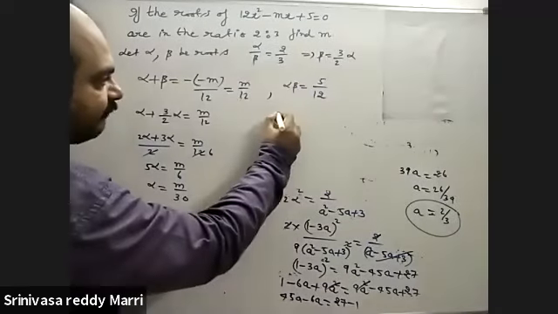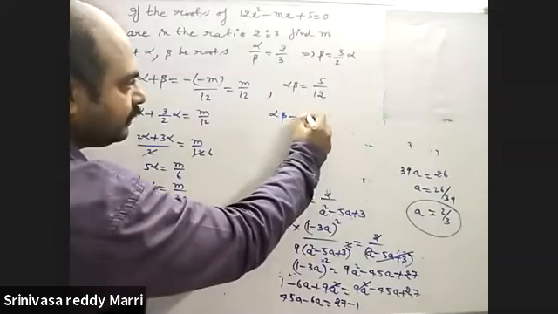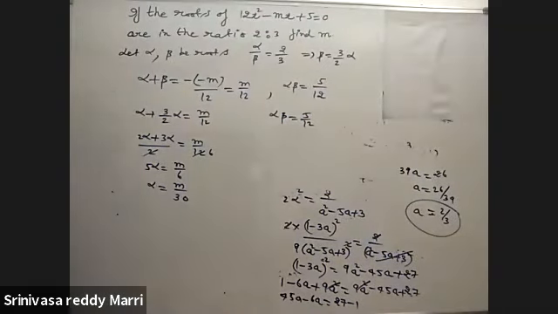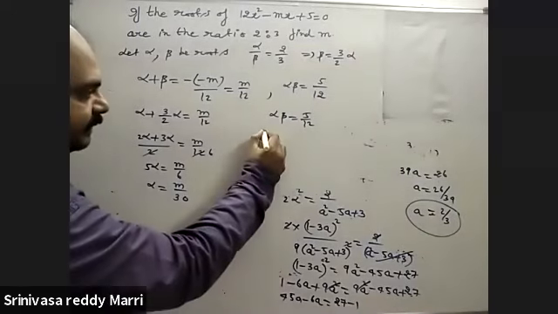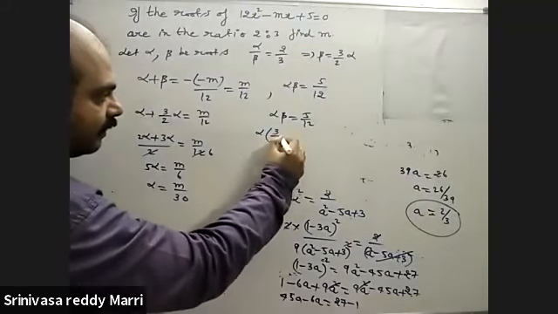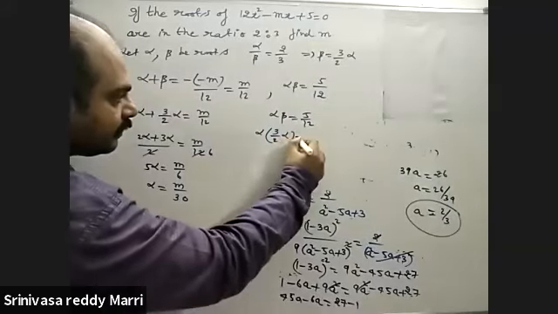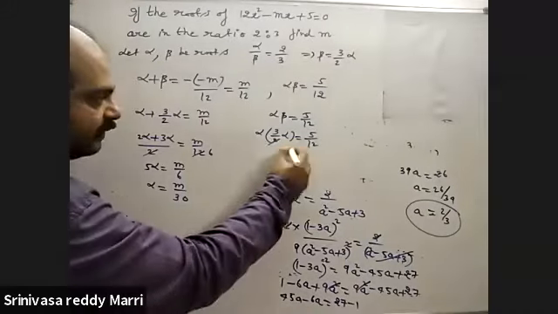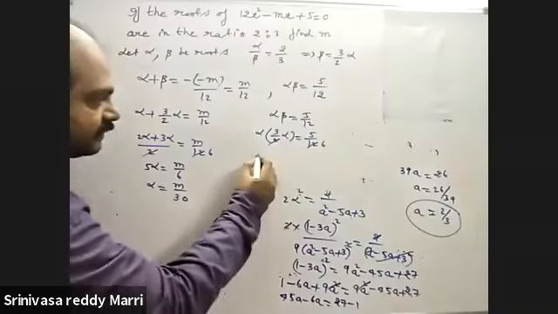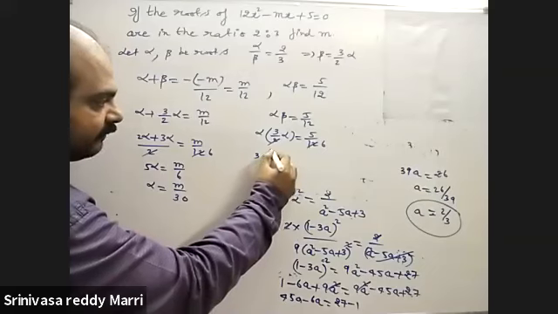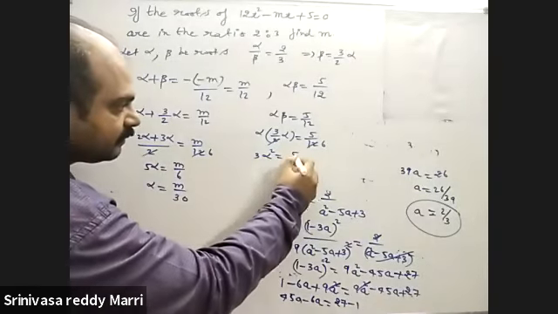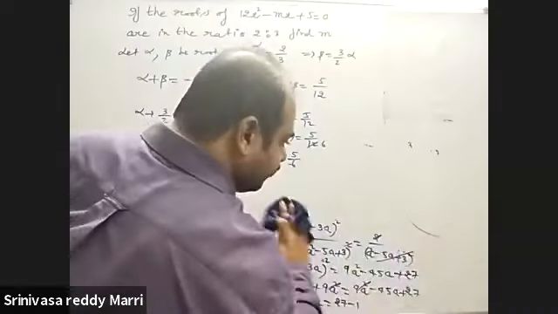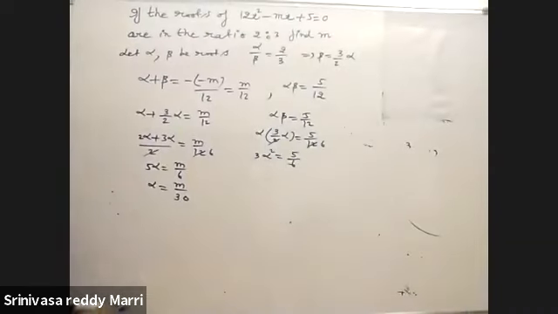From this relation I got the value of alpha. Now alpha beta equals 5 by 12. Beta is 3 by 2 alpha, so alpha times 3 by 2 alpha equals 5 divided by 12. So 2 ones, 2 sixes. Now you got 3 alpha square equals 5 divided by 6. Now what is alpha?